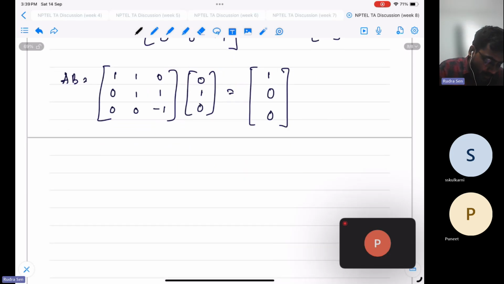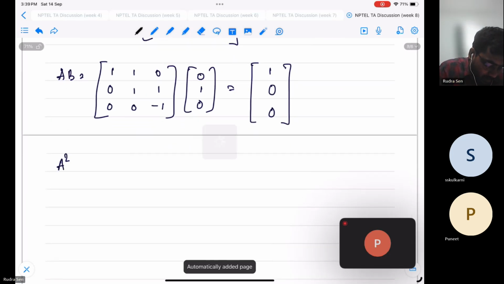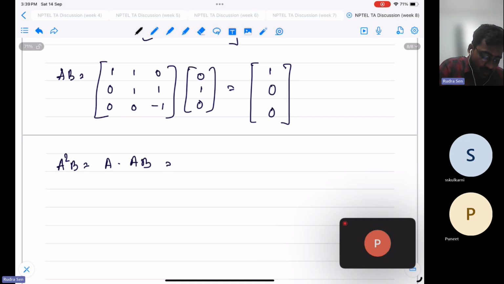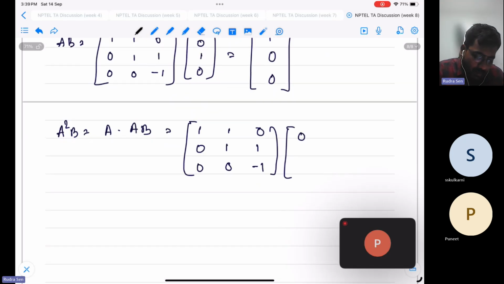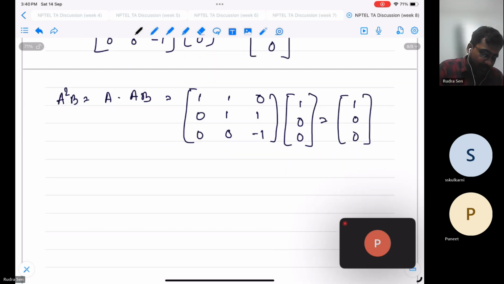And A square B is basically A into AB, which is A times [1 0 0], so it is also [1 0 0].